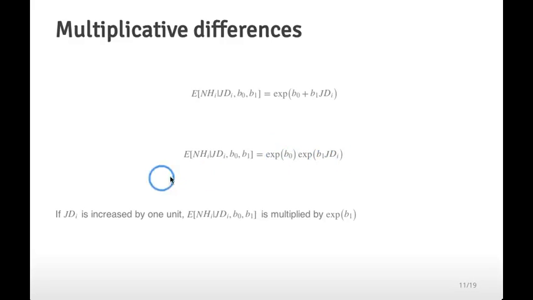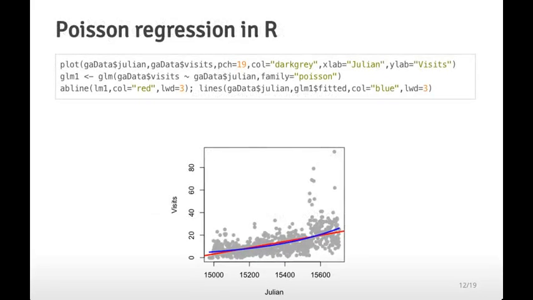So in other words, if you increase the Julian day by 1 unit, if the Julian day is one farther along, then you just take the previous expected value for the number of hits and multiply it by e to the b1, because essentially what you're getting is e to the b1 units multiplying the expected value as you increase the Julian day. So this is actually a multiplicative version of a linear regression model.